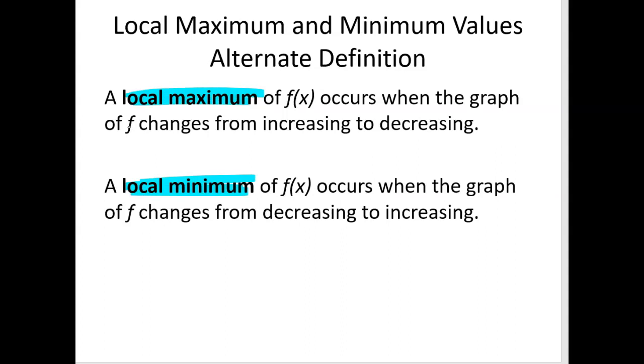A local maximum would be a high spot for that section of the graph, okay? So it may not be the highest point of the entire graph, but it is a high point for that section of the graph, and you'll notice that it's going to change from increasing to decreasing. And similarly with a local minimum, the graph will be changing from decreasing to increasing.